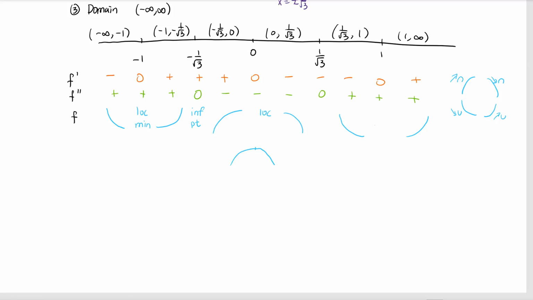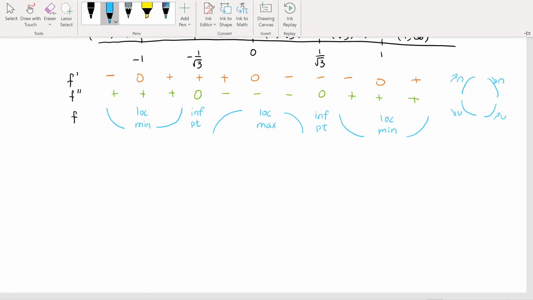This is a local max. And this one is decreasing, so this is an inflection point. It's all decreasing all the time, but it changed concavities. Here we have decreasing and then increasing, so this is a local min. Okay, everybody? So that is the diagram.